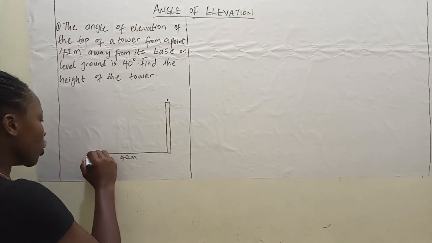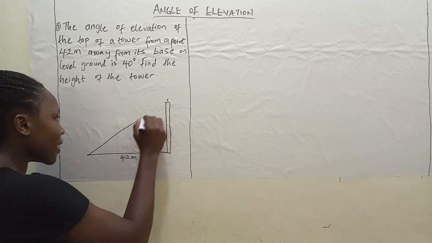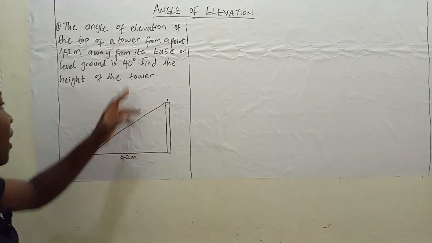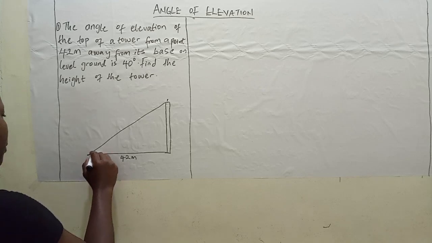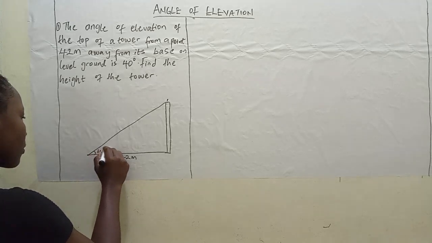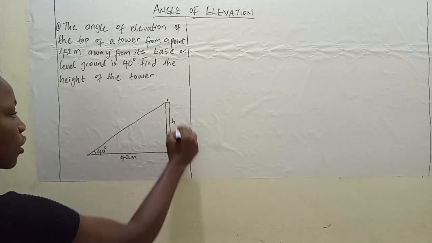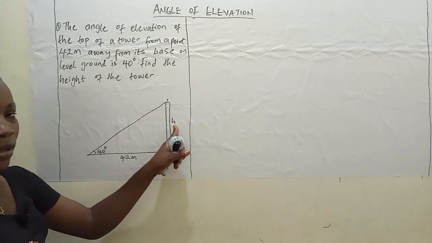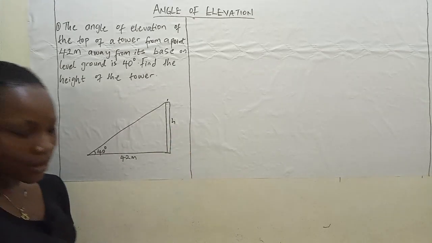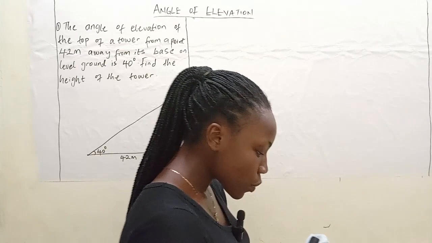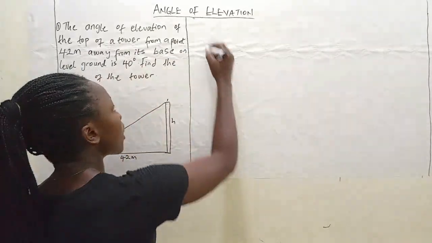So, you lift up your eyes to look at that bird, forming this angle, 40 degrees. So, we are now asked to find the height of the tower. That is this side.